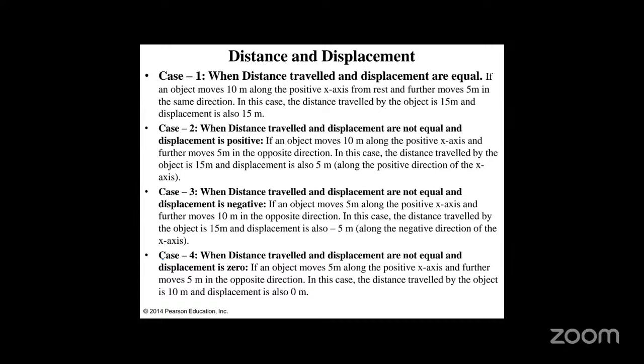Now the final one, when distance traveled and displacement are not equal and displacement is 0. In this case, the object moves 5 meters along the x-axis and another 5 meters in the opposite direction. 5 meters going forward, 5 meters moving backward.